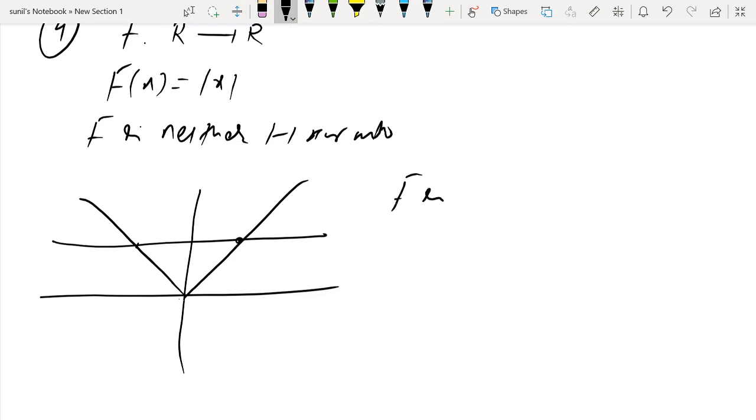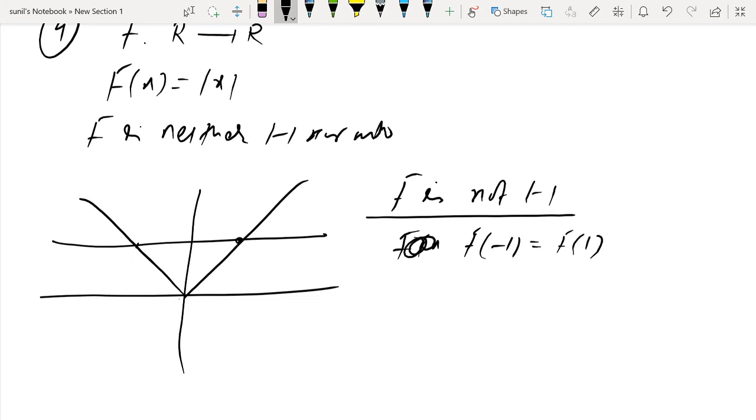And algebraically, f is not 1-1, because f at minus 1 is equal to f at 1, since mod of minus 1 is equal to mod of 1, but minus 1 is not equal to 1.